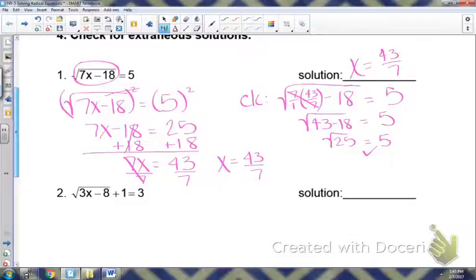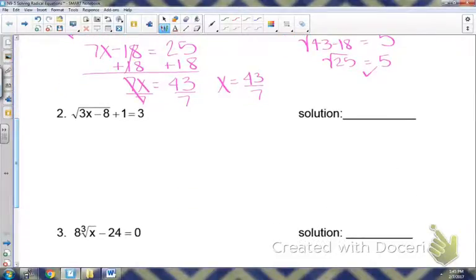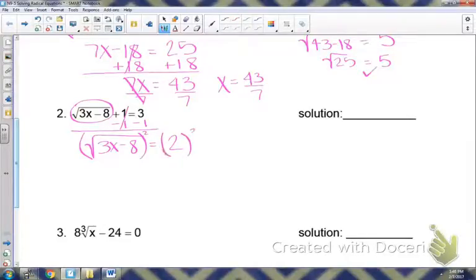All right, so let's look at number 2. The radical on this one is the square root of 3x minus 8. Notice on the left side, the 1 is not circled, which means we need to move that, so subtract 1. Since we have it by itself now, we're going to do the opposite, which would be to square both sides.